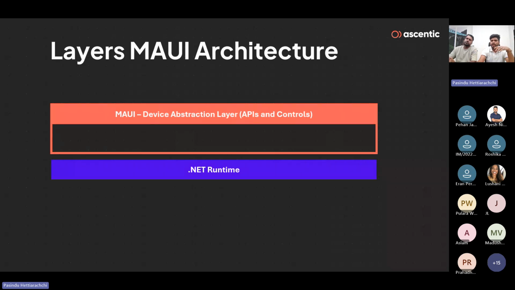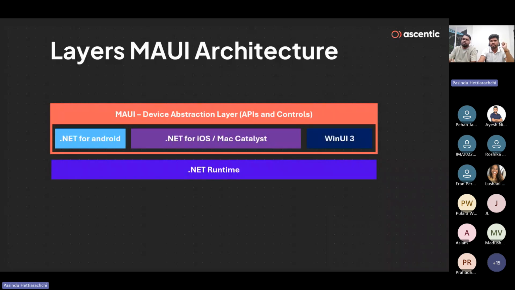The .NET MAUI framework has a few core components: .NET for Android, .NET for iOS and Mac, and also WinUI. What the .NET MAUI team has done is wrap these components with C# and give us abstract APIs so that as .NET developers we can write code using them.